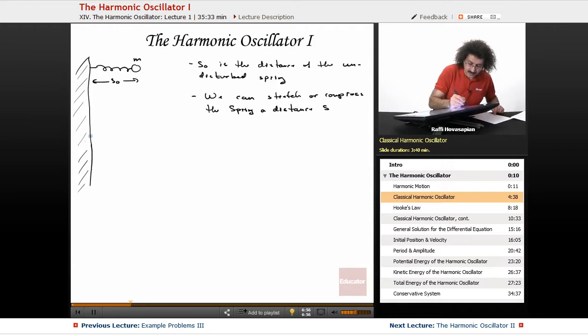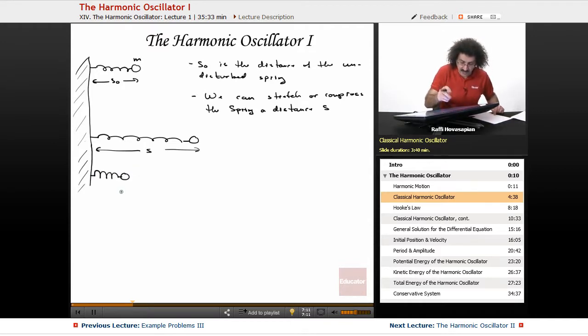If we stretch the spring, here we stretched it, and now this distance is s. Or we can go ahead and compress it. We've pushed the spring in. So now this is the distance s.